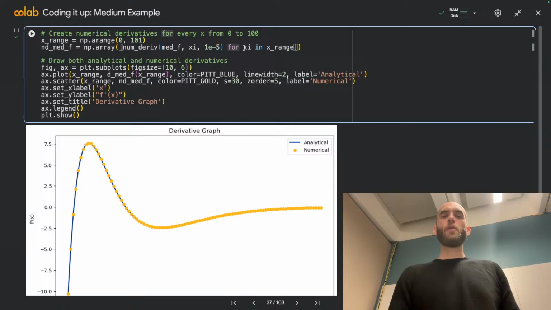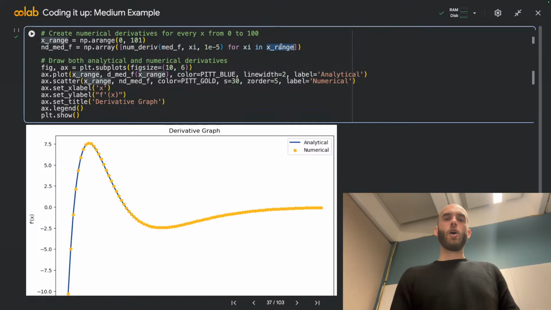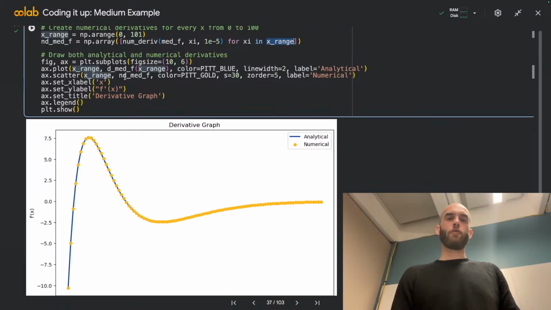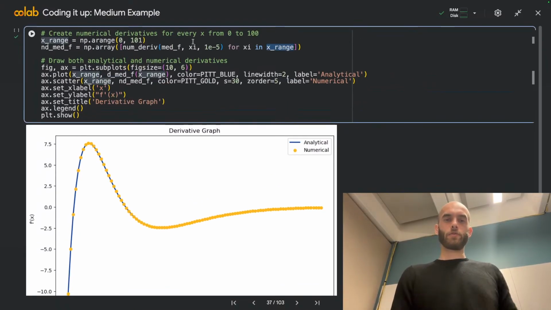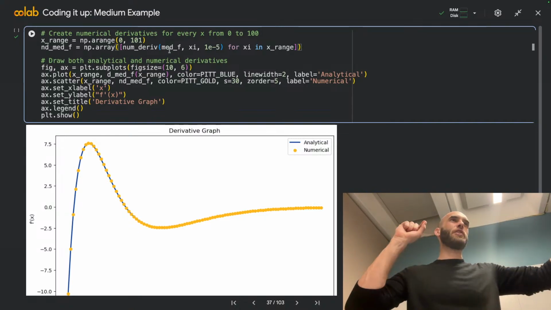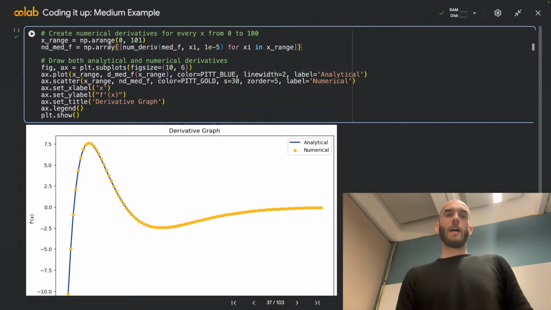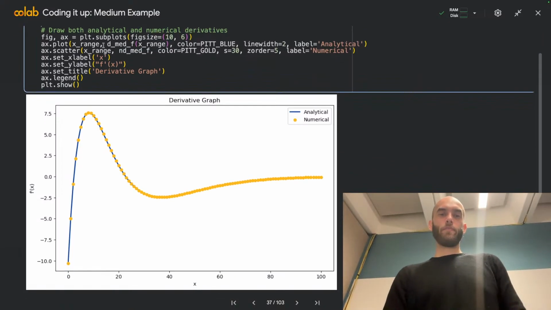I'm going to create a list of numerical derivatives at a bunch of the horizontal axis values, all of the different places in x range, going from 0 to 100. This stops at 100 before we hit 101. So we're just estimating the derivative at each one of the integers from 0 to 100, and we have a big list of them.